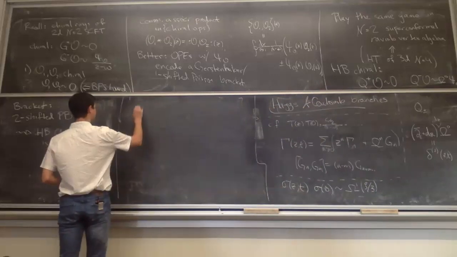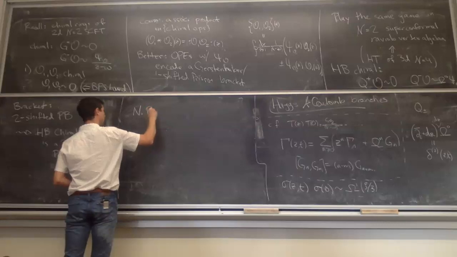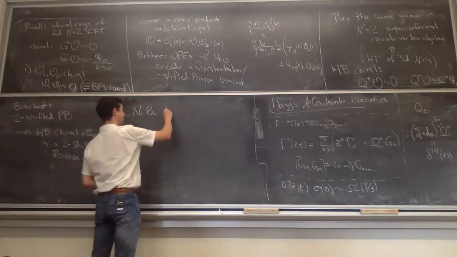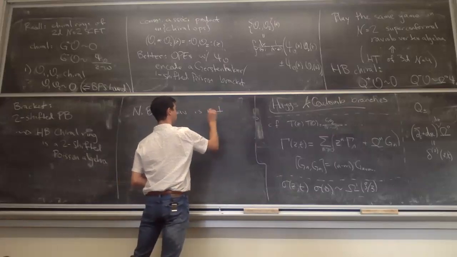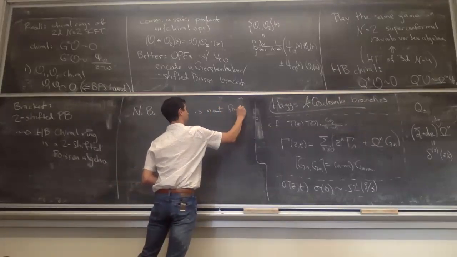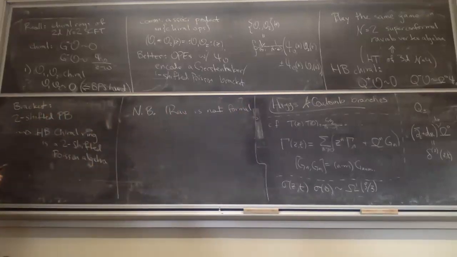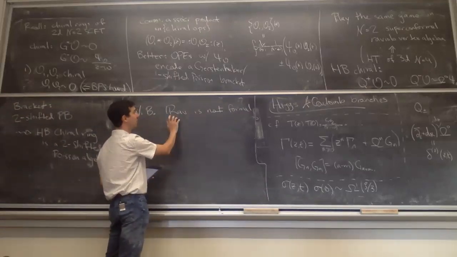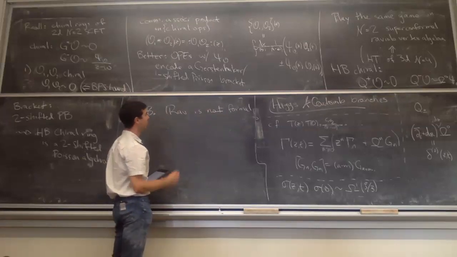So the last few things I wanted to mention. The first one is that this raviolo that we've been talking about is not formal. What this means is that I have this DG algebra of functions whose cohomology is this thing generated by Z and omega.